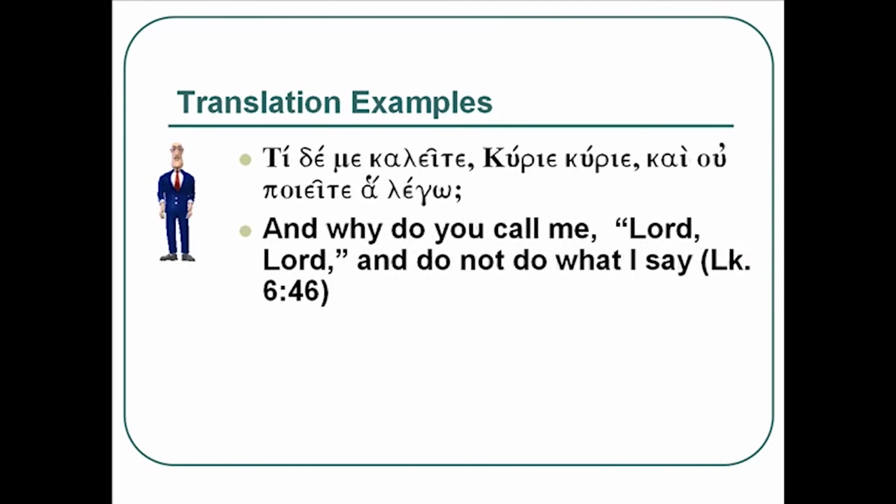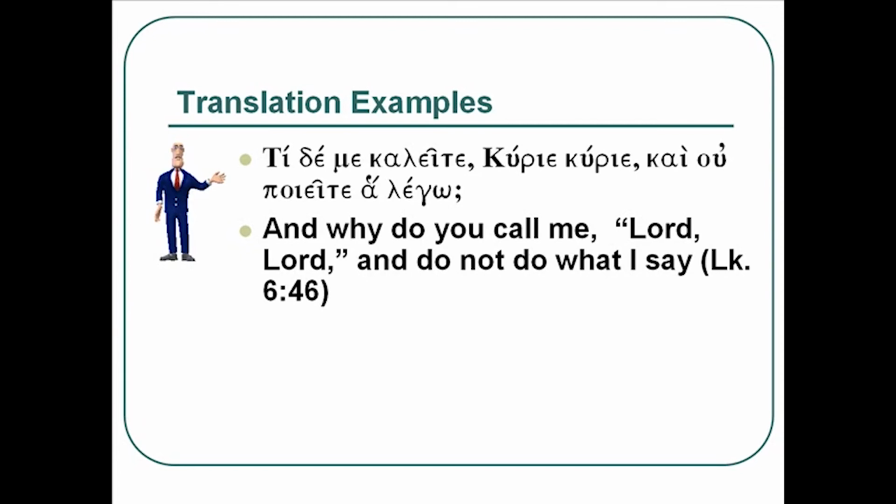Well, let's look at a couple examples to illustrate these contract verbs. Ti de me kaleta kurie, kai u poieta ha lego? And the semicolon tells you it's a question. And why do you call me kaleta, the double epsilon on the kaleo verb hitting with the eta endings, double epsilon going to an epsilon iota diphthong, circumflex indicating the contraction.